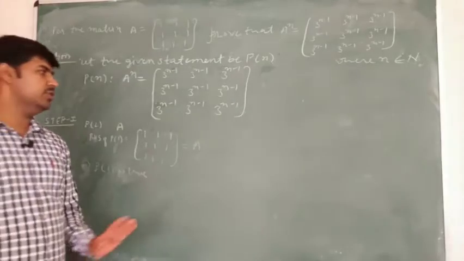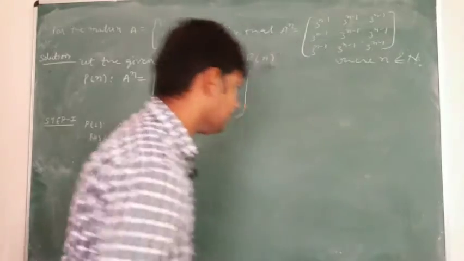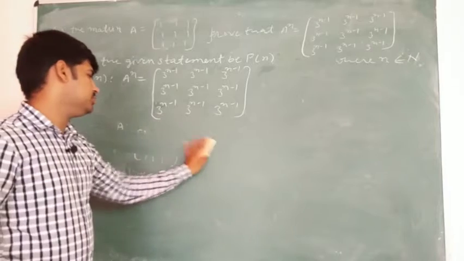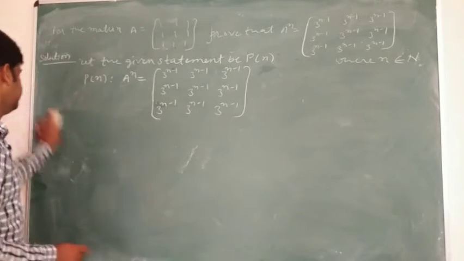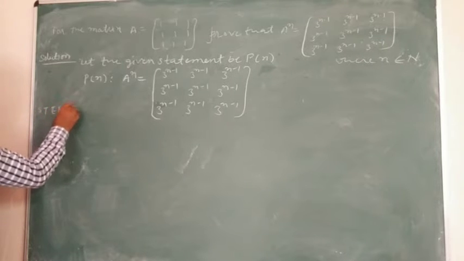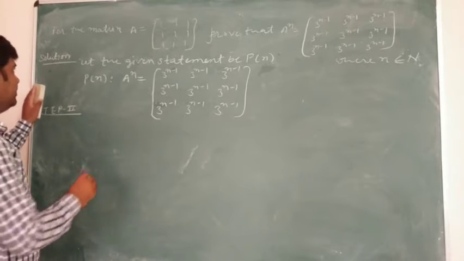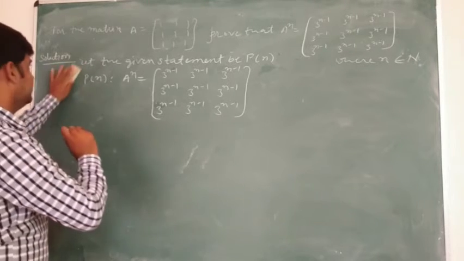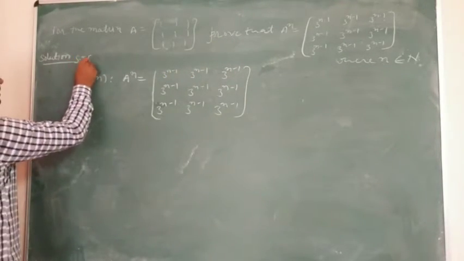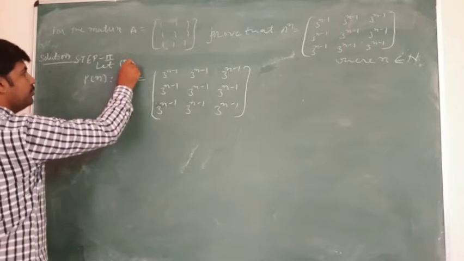Now after we have got P1 true, we move on to the next step: we check whether Pm true implies Pm plus 1 is true or not. So step second: let Pm be true.